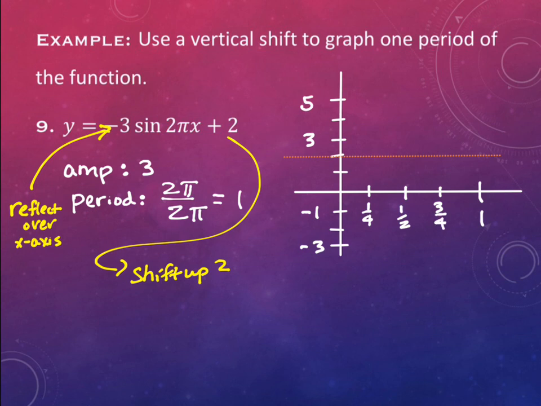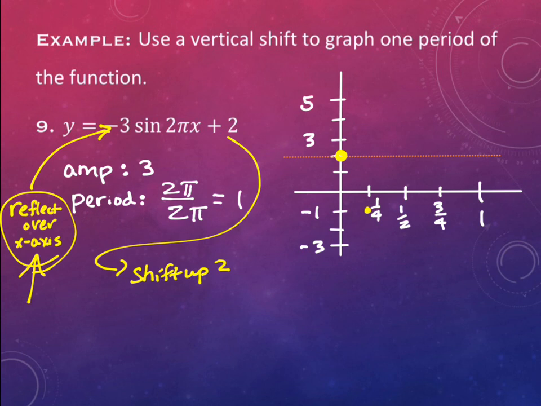All right, this is a sine graph. A sine graph starts at an x-intercept, but my x-intercept has been shifted up to the orange dotted line, so this is where my sine graph will start. The sine graph typically goes up first, but because of the reflection over the x-axis, it's going to go down first. And it's going to go down 3, which means it's going to go down clear to the negative 1 right here.